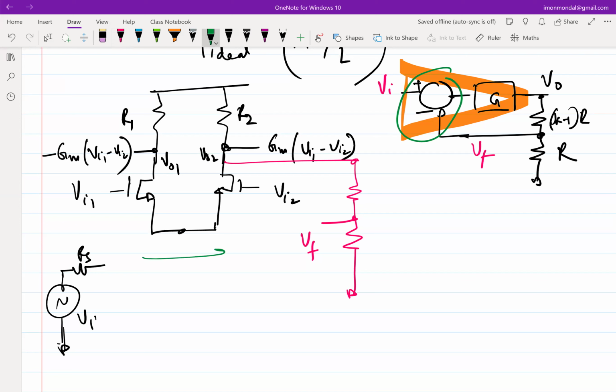This block over here has two input terminals, right? So I have to connect this VI and this VF to either of those two terminals if I have to equate the two pictures. In the absence of any more information, let me go ahead and connect this to this, this to this.